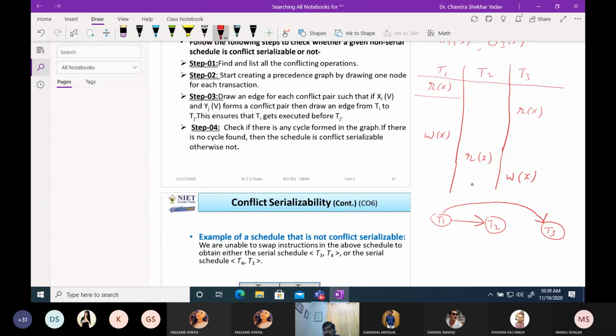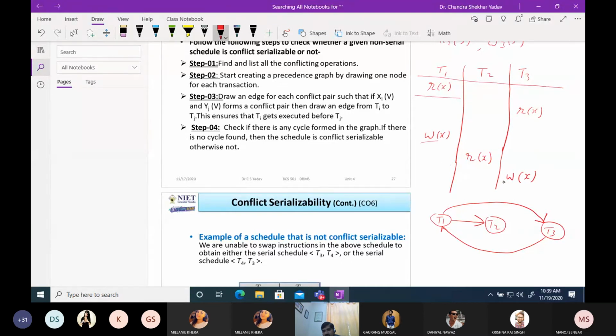Okay. Now we will see this. Here conflict. So we will draw T3 to T1. Then again no conflict. Again we will see from this to this. Conflict, so we will draw an edge from T1 to T2.